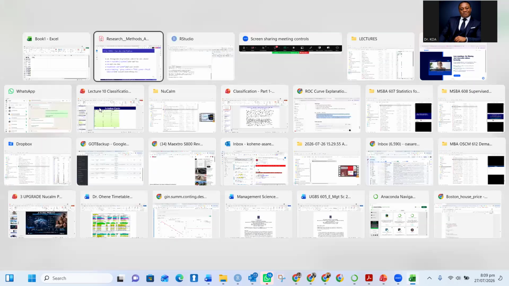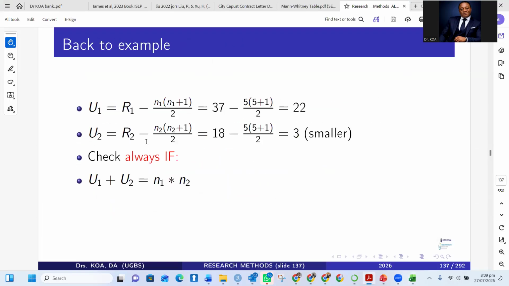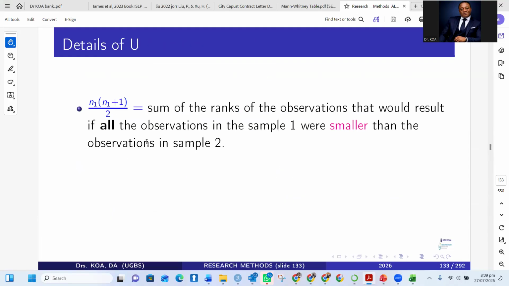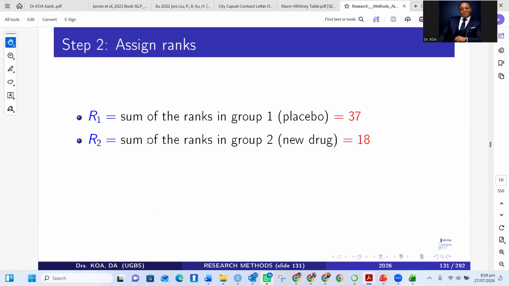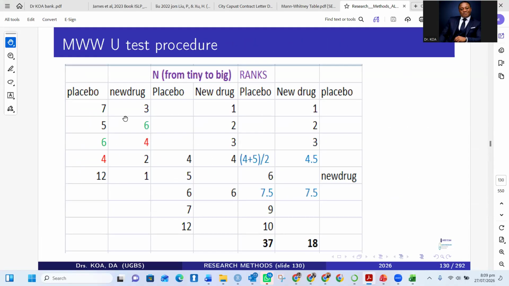So what was the first number? Well, if you go back to the data set, normally in real life, you would have gotten your data set already and you would have brought it. So the first number is 7, 5, 6, 4, 12.